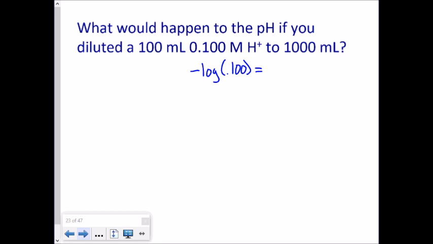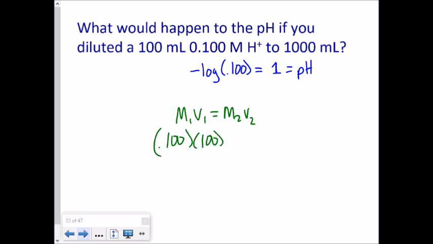What do you get there? The pH should be 1, right? Our pH is 1. However, if we dilute, you could use your dilution equation. You can actually go ahead and do that. So we have 0.100 times our 100.